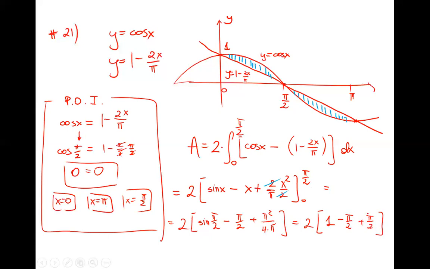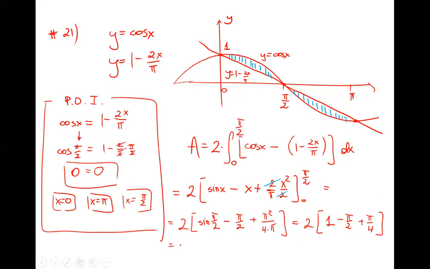Oh, hang on, let me check if I am correct. This is definitely good too, but did I make an error? Oh, this is actually 4, right? The pi is gone, but the 4 will stay.